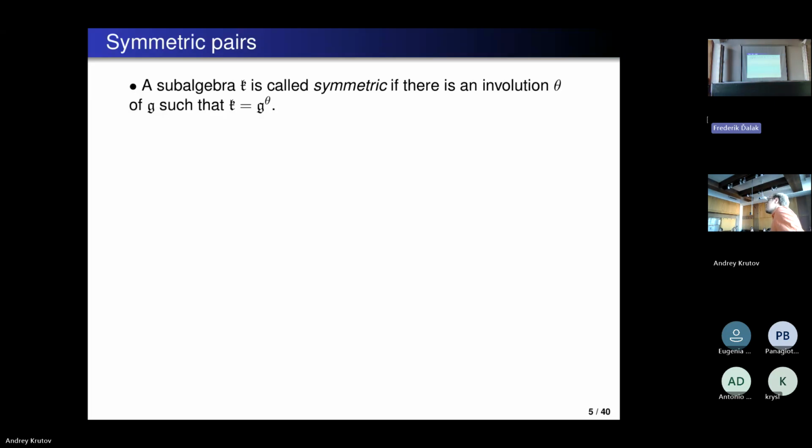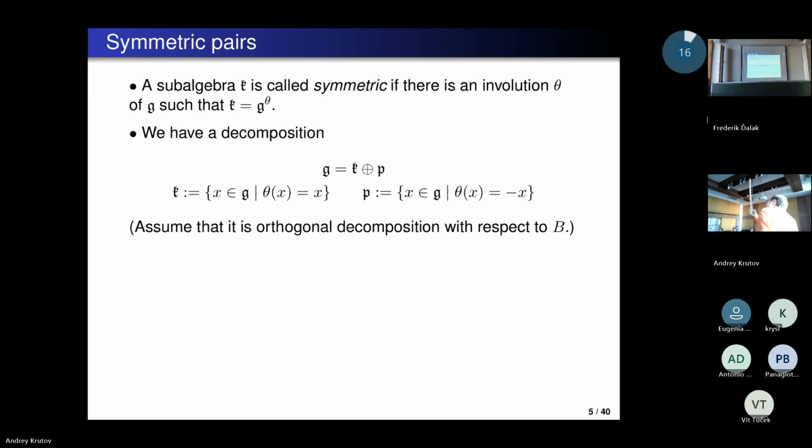We start with a symmetric subalgebra, the fixed points of some involution. We fix this decomposition, so we have a symmetric subalgebra and the isotropic representation. And this is a direct sum decomposition because we assume some conditions on this involution.